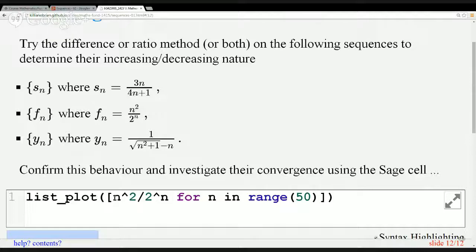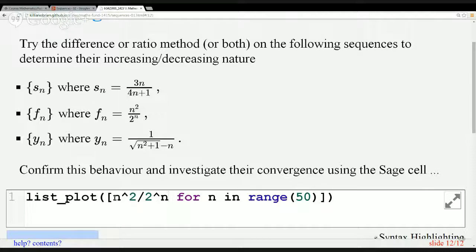Well, n squared over 2 to the n, I think it's probably going to be decreasing. Because when n gets very large, although n squared will be large, 2 to the power n is going to get, you're doubling each time. So like when n is 100, you got 100 squared, which is 10,000, but you've got 2 to the power of 100.